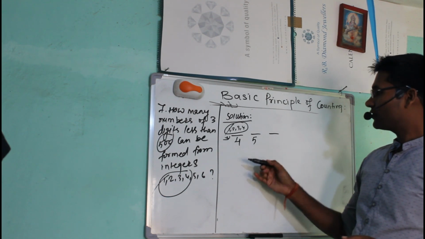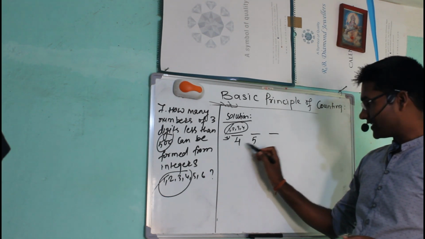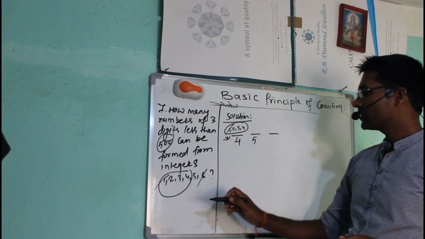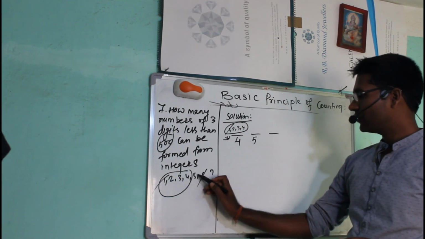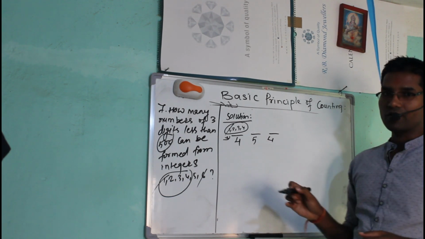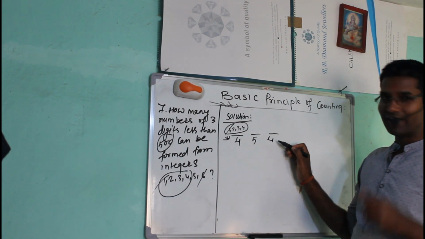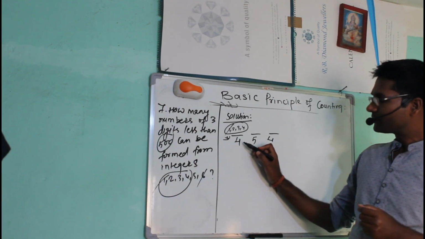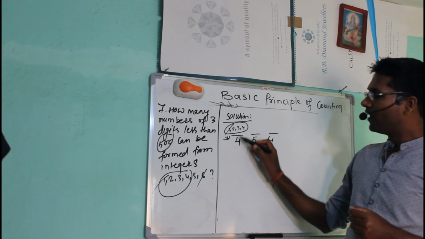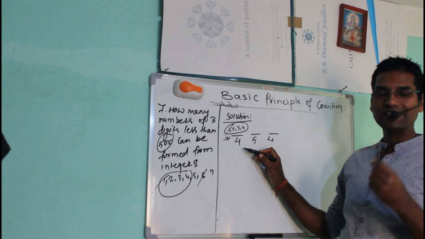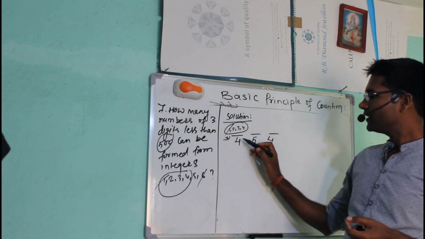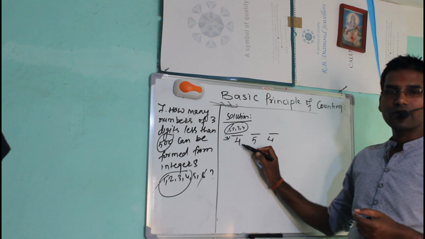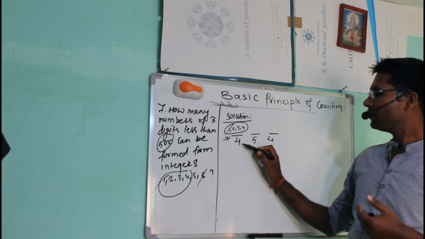Now we have already chosen 2 numbers. Suppose this one and then this one, so the remaining are 1, 2, 3, 4. That will be the choice for the unit place. Let me explain again. We have to form a 3-digit number less than 500, so we can choose only 1, 2, 3 or 4 for the 100s place.